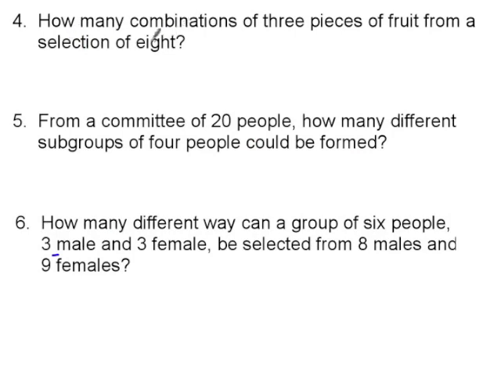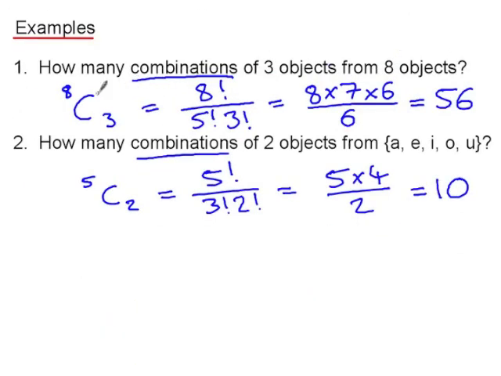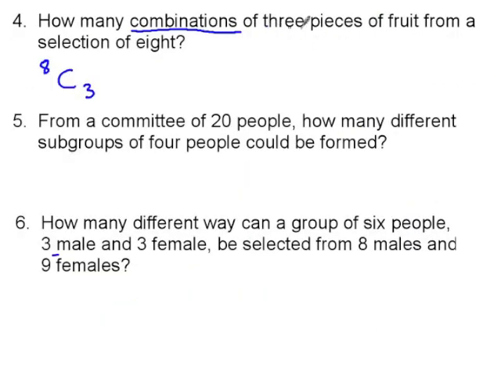In example number 4, we're asked to find how many combinations of 3 pieces of fruit we can choose from a selection of 8. That's 8 choose 3. It's actually the same as question 1. If you remember, we already worked out 8 choose 3 and it's 56. The only difference here is that we now have a context.